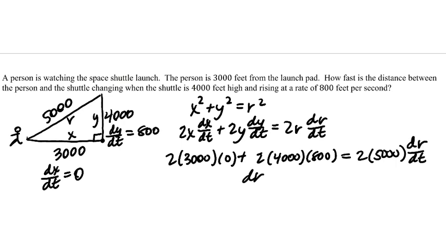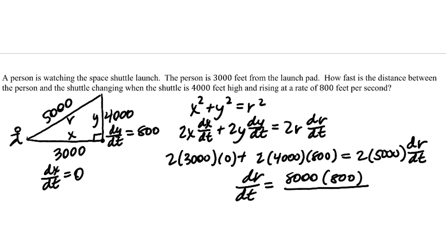Meaning that dr dt is going to be 2 times 4 is 8,000 times 800. I'm going to leave it that way and hope that maybe I can just cancel some stuff off and figure out the arithmetic. So I know it's going to start with 64, but it's like 6.4 million, 640,000, I don't know, 64 million.